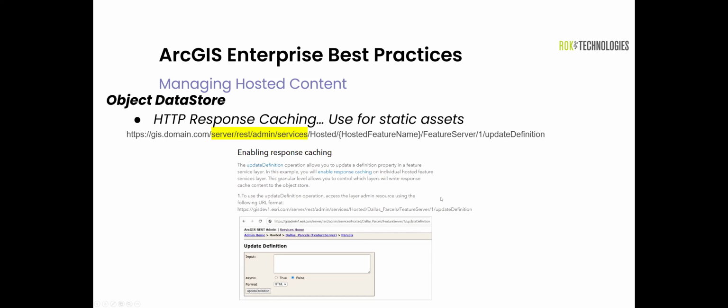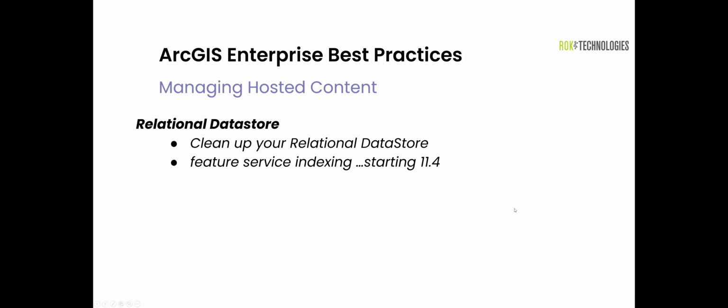So I think that's a really cool function. I think that we're going to see it used more often, and in a lot of ways, this is taking some of the pressure off of the hosting server and relational data store around managing some of these query requests around the hosted features. So I thought that was really cool. I wanted to highlight that.